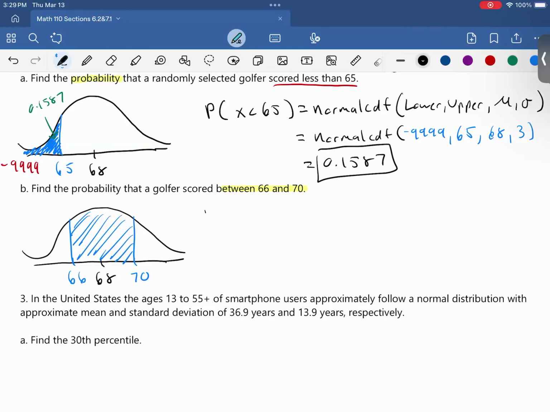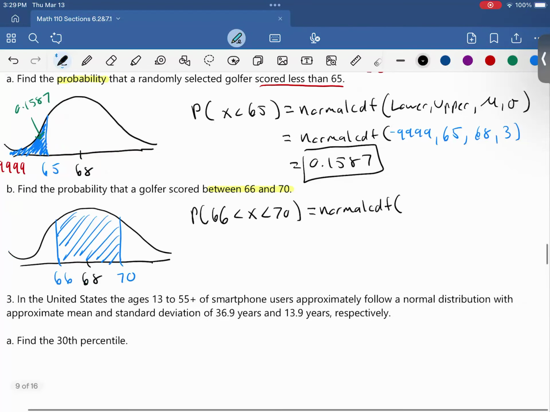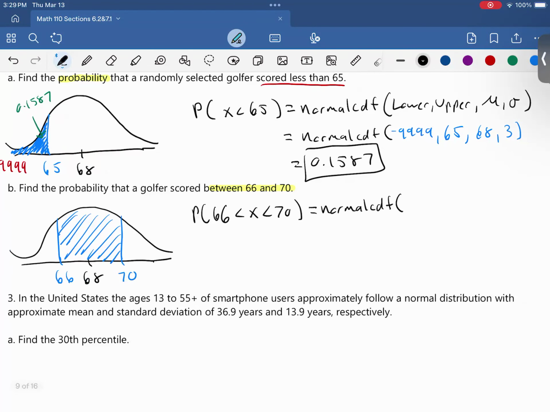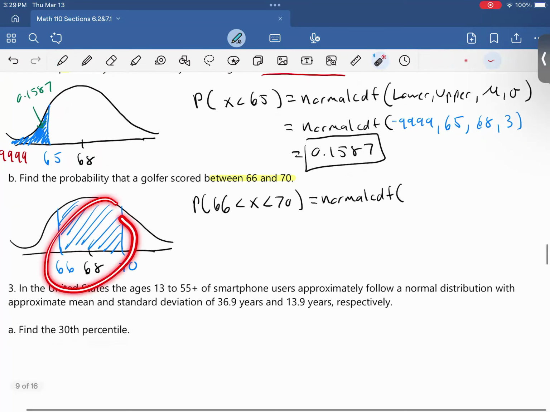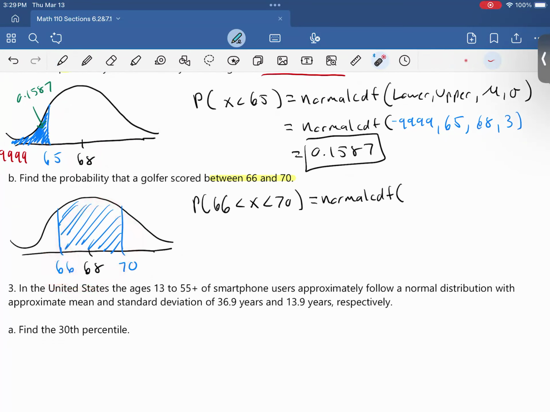So the probability that X is between 66 and 70 is going to be normal CDF. The lowest the shaded region goes to is 66 and the highest is 70. So my lower is 66 and the upper is 70, and my mean and standard deviation are still the same.